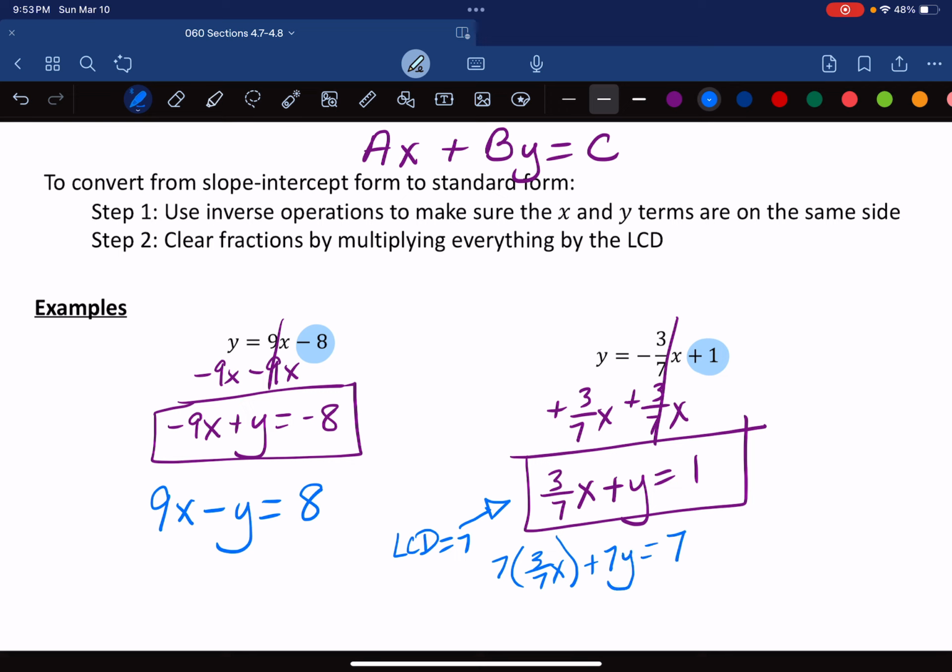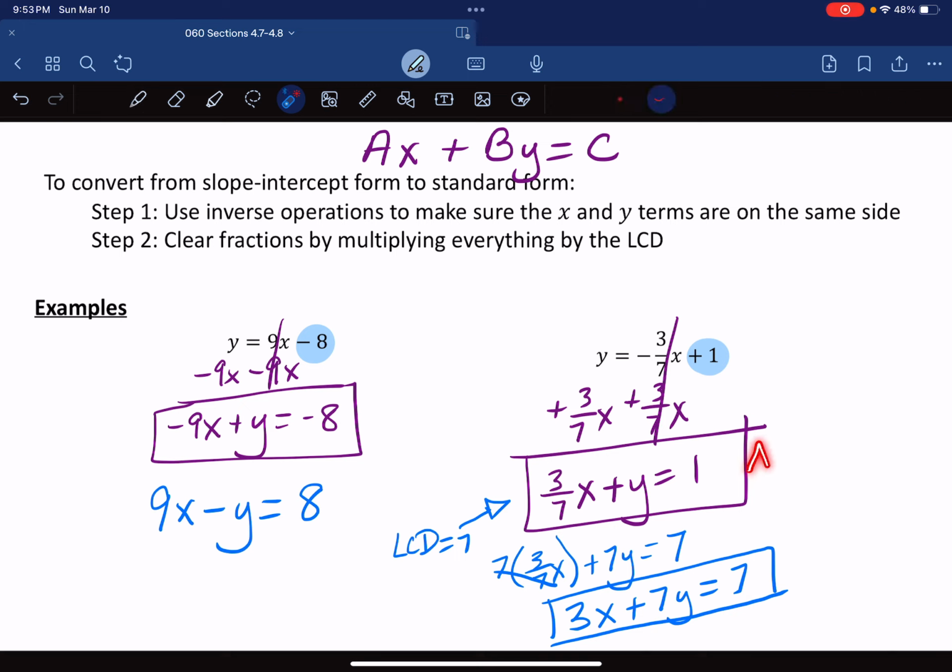And that will give me, 7's cancel, 3x plus 7y equals 7. And once again, these are equivalent standard forms. They are both standard form for the same equation. When you graph them, you'll get the same line. And that is our introduction to standard form.